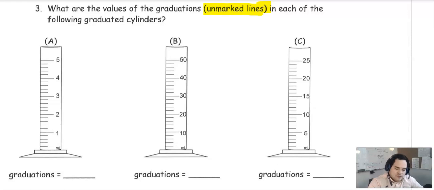So what we do is take the number it increases by, so 1 milliliter, and divide it by the number of divisions in between. So 1 divided by 5 would be 0.2 milliliters. So that's what each one would be.